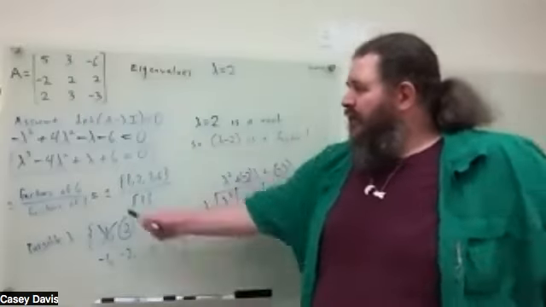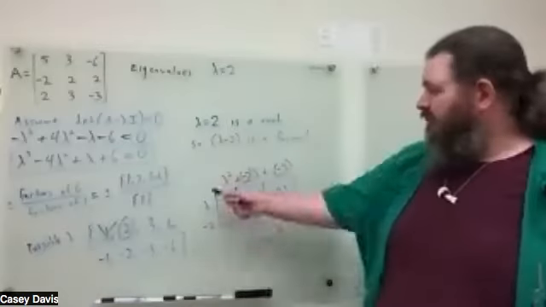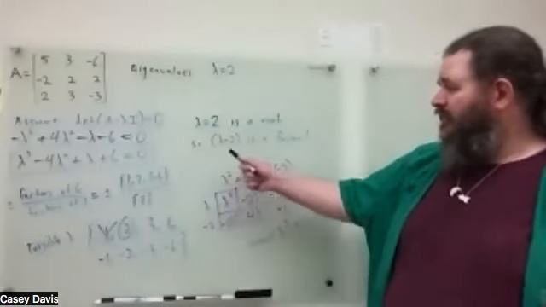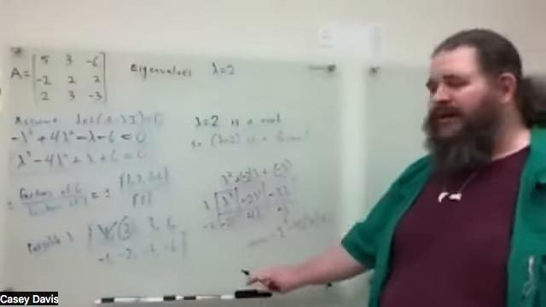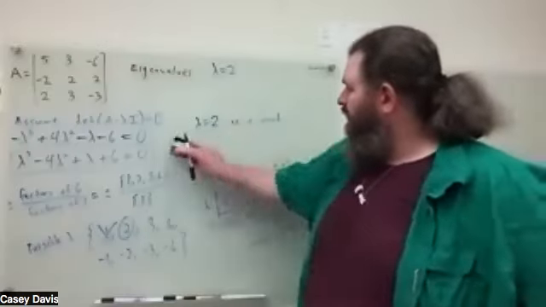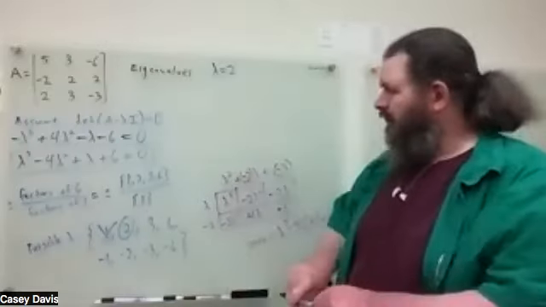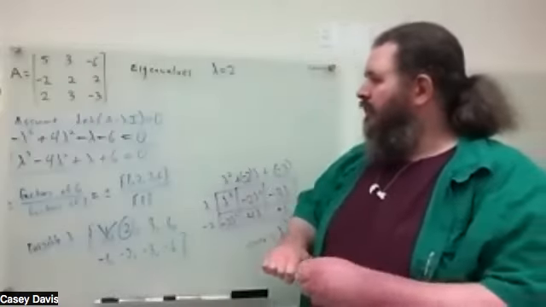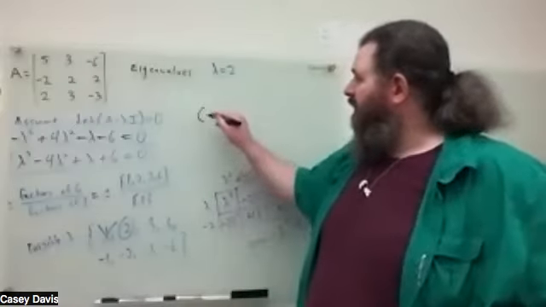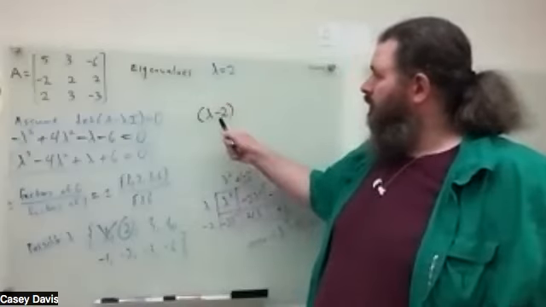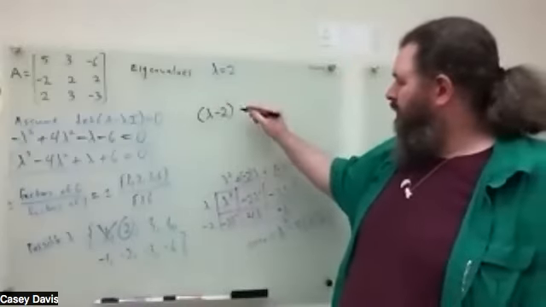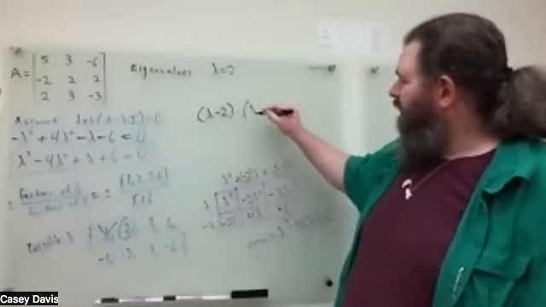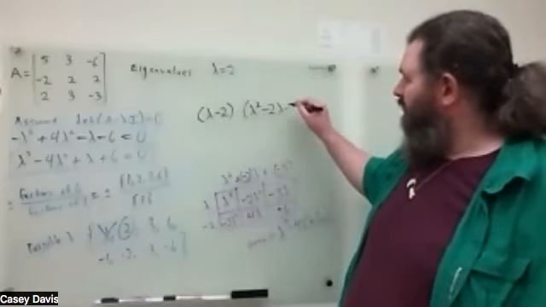So this tells us that the characteristic cubic can be factored into lambda minus 2 times lambda squared minus 2 lambda minus 3. So let's write that out. We can now say with certainty that our characteristic cubic can be written as lambda minus 2, corresponding to the root we've already got, times lambda squared minus 2 lambda minus 3.